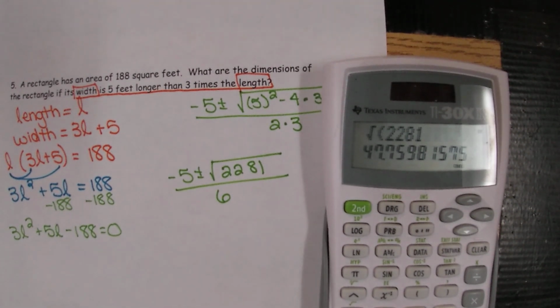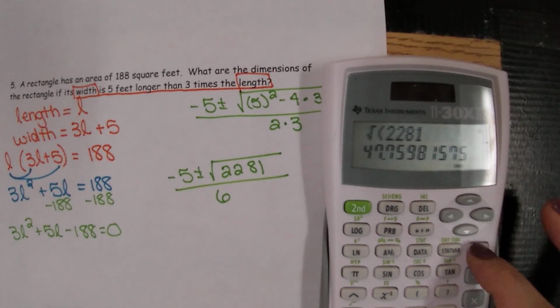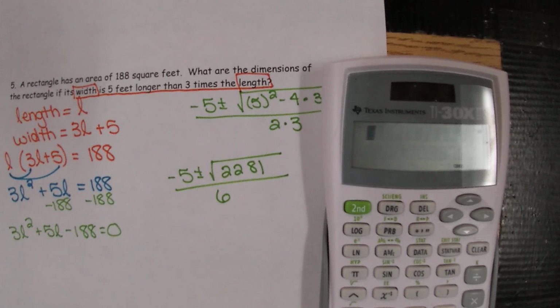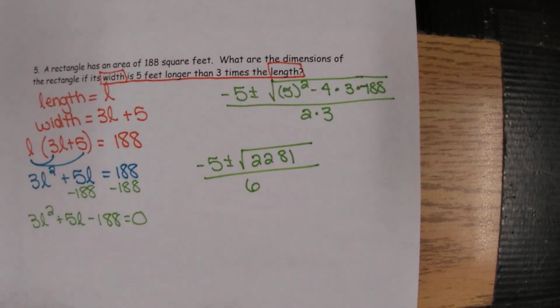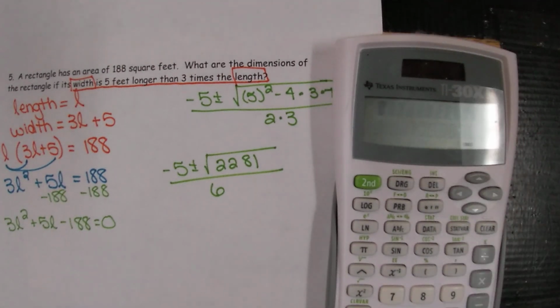But if we get negative 5 plus or minus the square root of 2281, or a simplified version of that radical, does that give us any better idea of what the actual length and width are? And the answer to that is no, right? We're actually ready for a label. And when we are ready for a label is when it is okay to get a decimal approximation.